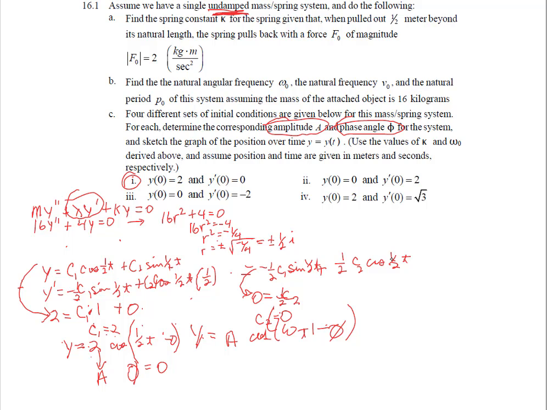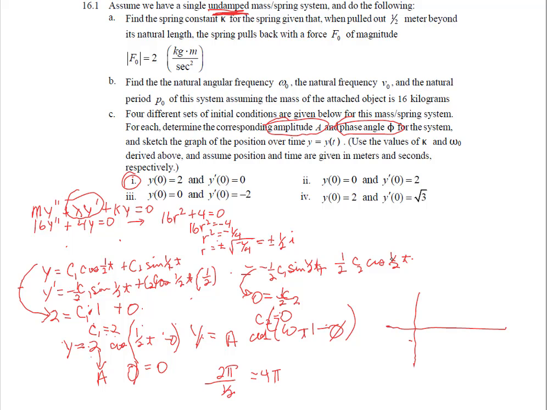Now I'll go ahead and sketch a graph of that. So here's what the graph would look like for that. The 2 cosine 1/2 t, the normal period for cosine is 2 pi. That 1/2 tells me it's going to be 2 pi divided by 1/2, which comes out to be 4 pi.